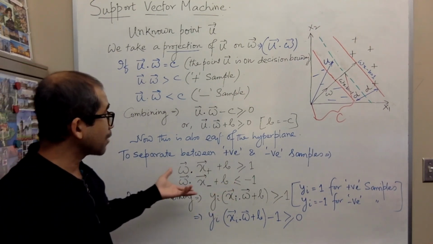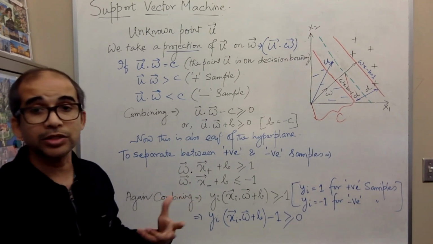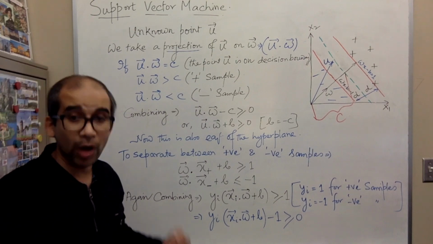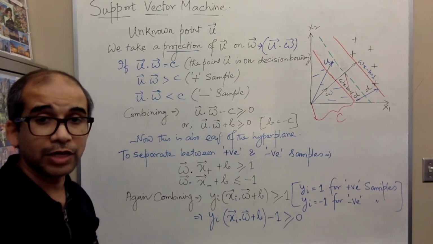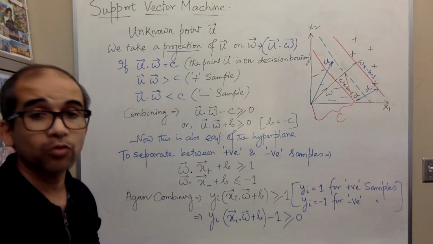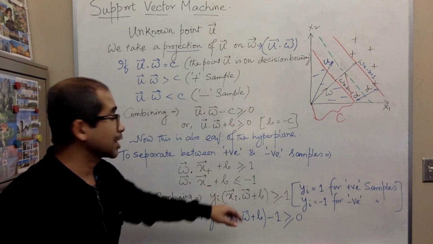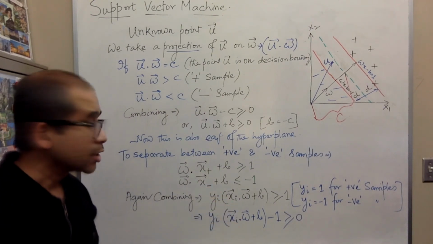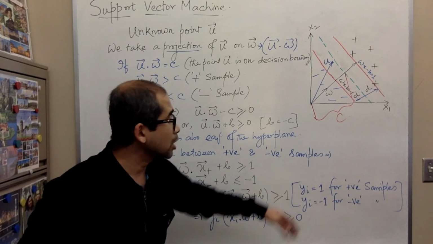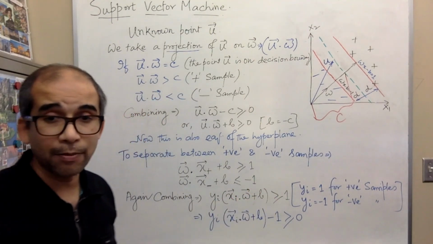Now we have to carry these decision rules all the time, but instead of two equations, it's always easier to carry one equation. So for mathematical convenience, we multiplied this with another variable, yi, to generalize x positive and x negative with xi. We said that yi equals 1 for positive samples and yi equals minus 1 for negative samples. So what do we do now?